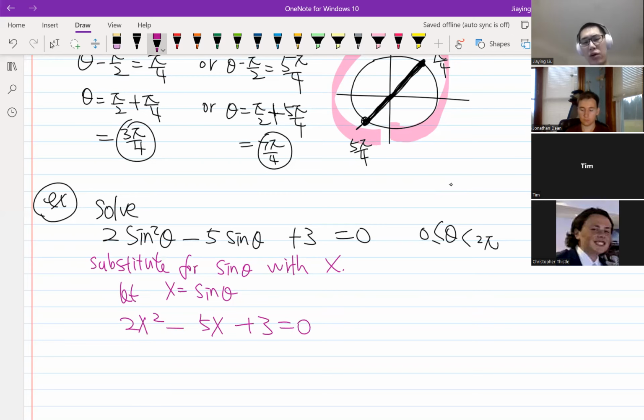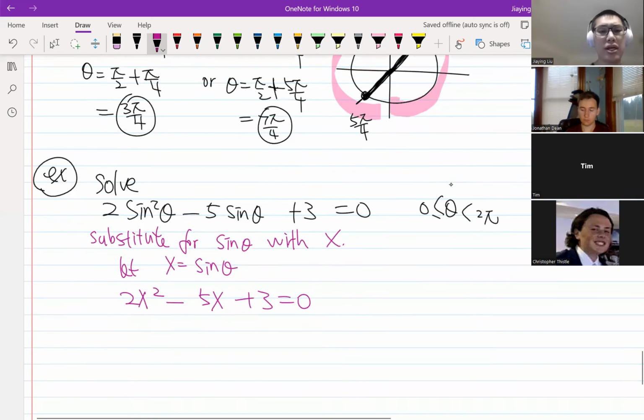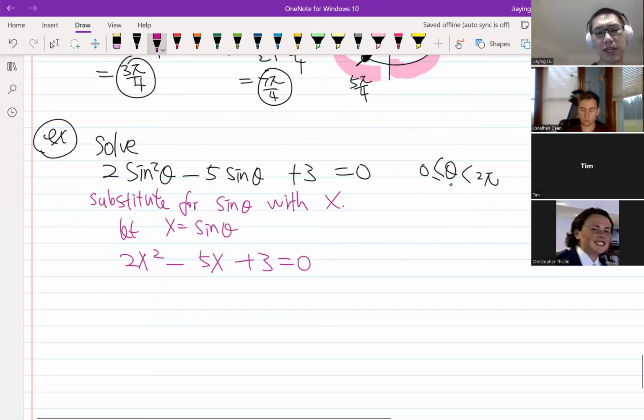Now we have a quadratic equation, should be easy to solve. It's always a good idea to try to factor this. So we get 2x and x. Now we want to put two numbers that multiply to give us 3. But when we expand it, we're going to end up with negative 5x.